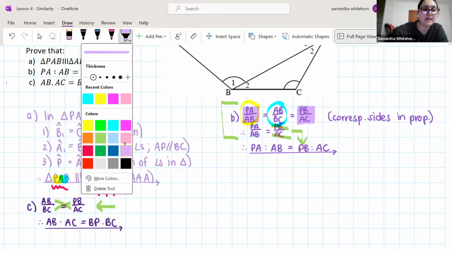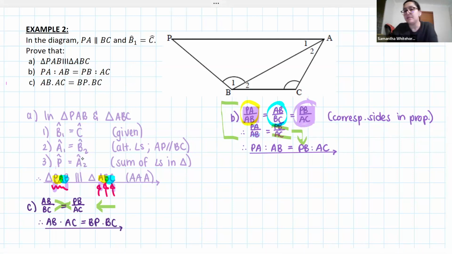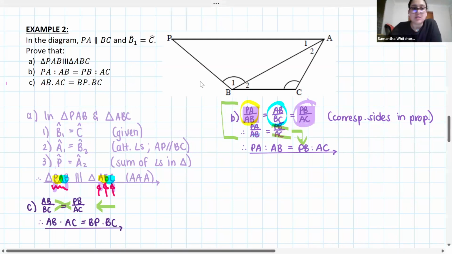And then finally, you match up first and last, so that's why PB over AC. Then you just manipulate to get what you want. So what we see here, PA over AB, you're comparing numerator denominator with numerator denominator. That's what you have. You can now just write the ratio.